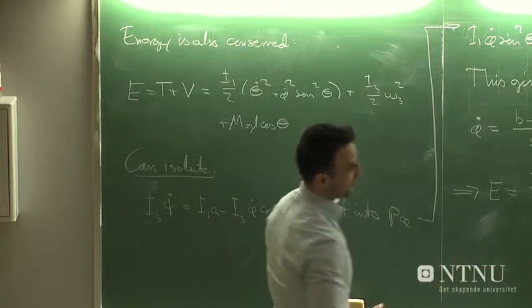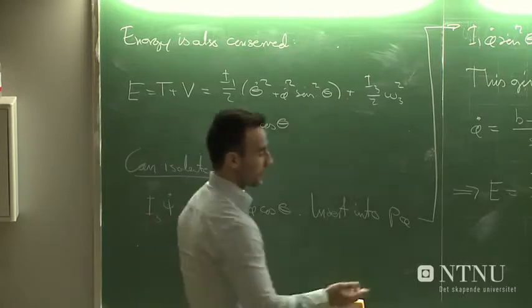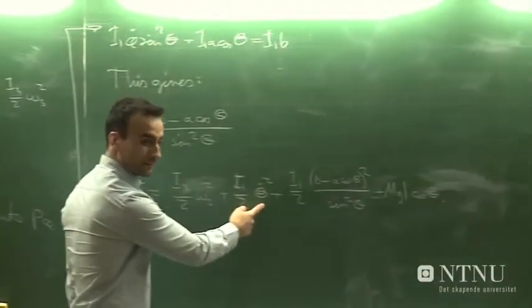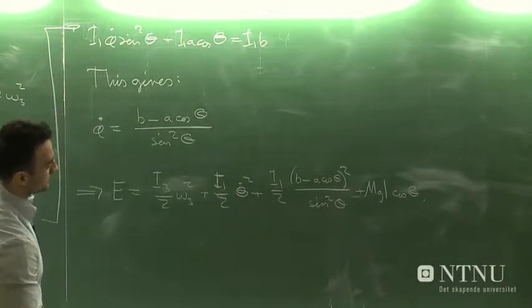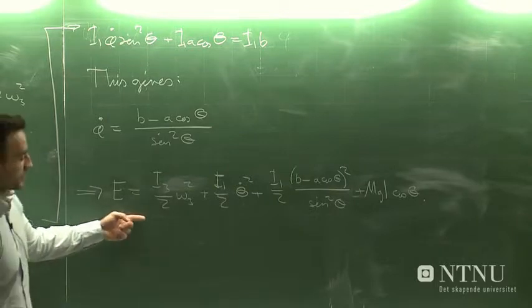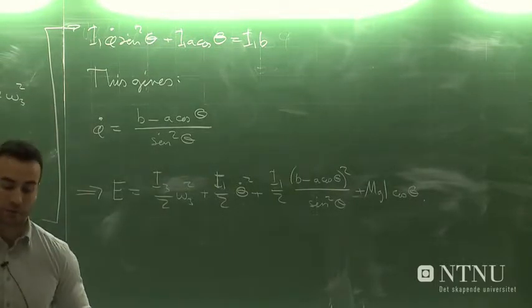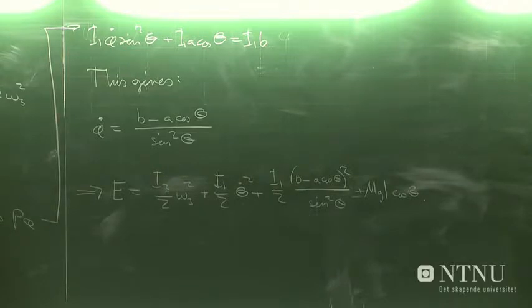So this conservation of energy we can also view as an equation of motion, right? Because this is a differential equation in time. We can do one more simplification with this energy. We see we have a constant term here. And a constant term corresponds to a shift in the potential reference level.